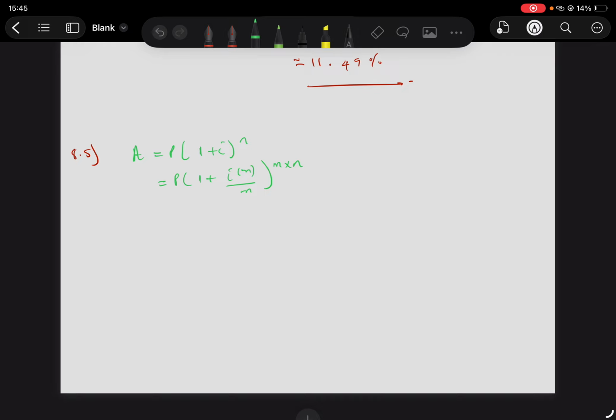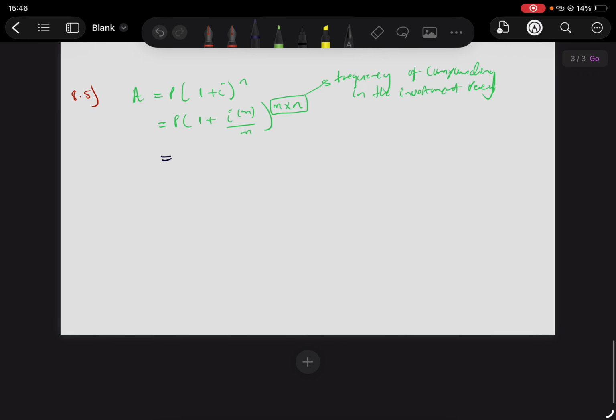Our new period is not solely just n, it is m times n, because this refers to the frequency of compounding during the investment period. How many times are we actually adding on the interest?